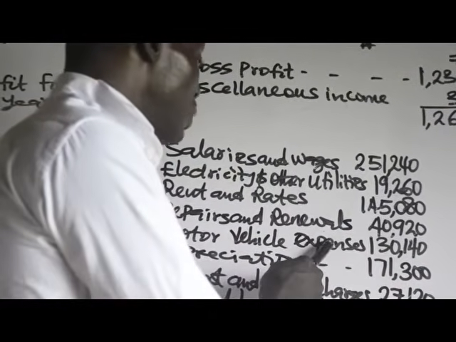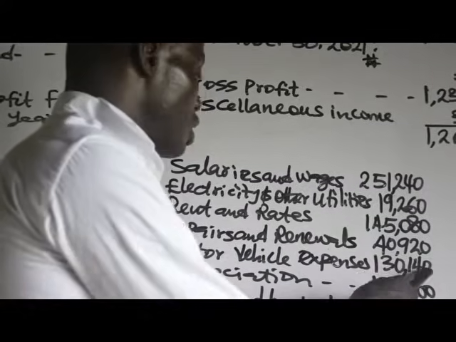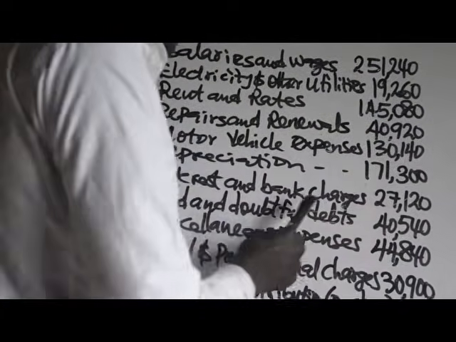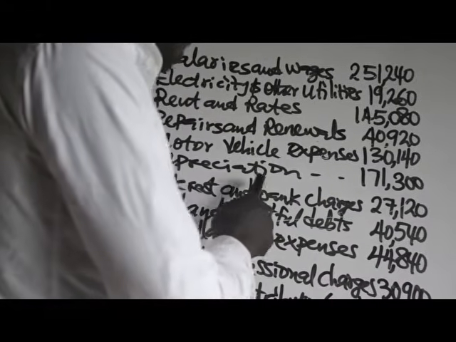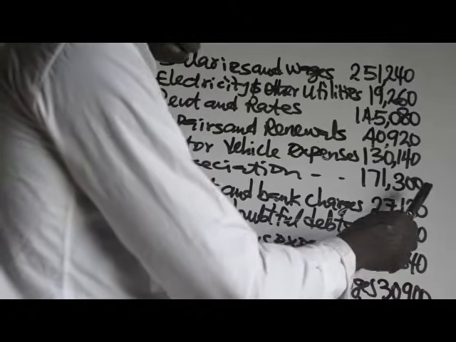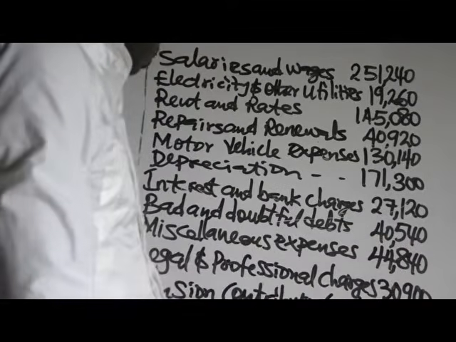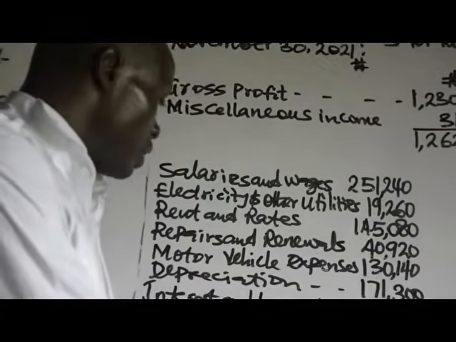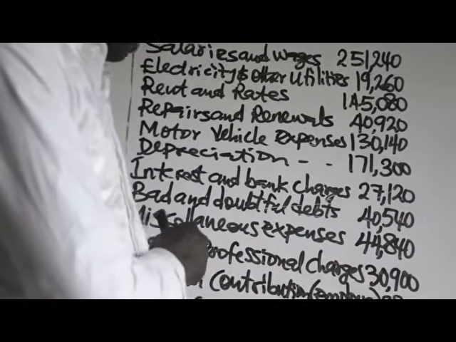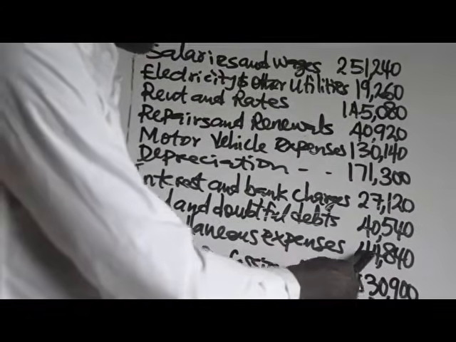Motor vehicle expenses 130,140. We have depreciation of 171,300. Interest and bank charges of 21,120. Bad and doubtful debts 40,540. Miscellaneous expenses of 44,840.